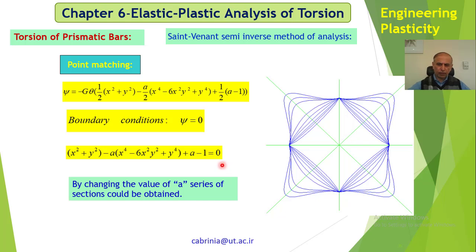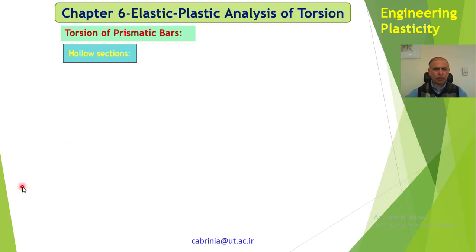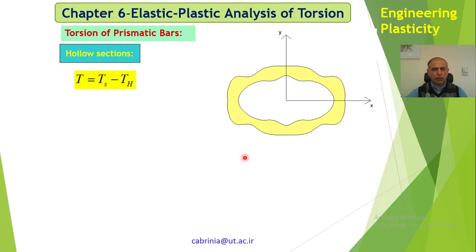And these shapes may fit onto a certain cross section. For hollow cross sections also, we can use these relations that we have obtained so far, and the way to do it is like this. This T is the torque of the hollow section that we want. Supposing this colored section is the hollow section. Okay, so this white one is hollow. There is nothing there. The material is here. So it's an annular shaft under torsion. So this T is for this colored section.